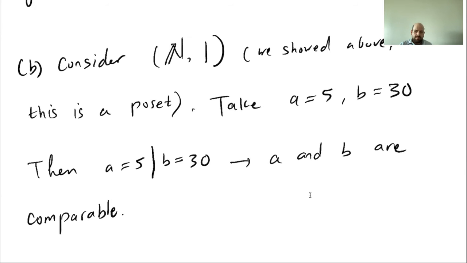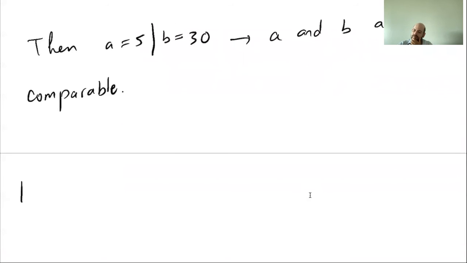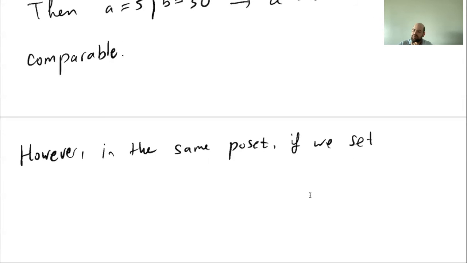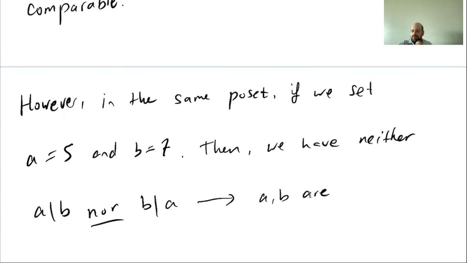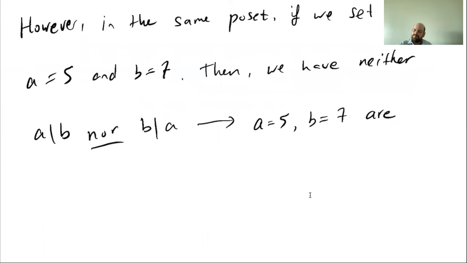The answer is yes, it is possible to have two elements A and B for which we have neither A divides B nor B divides A. However, in the same poset, if we set A equals 5 and B equals 7, for example, then we have neither A divides B nor B divides A. So that means A equals 5 and B equals 7 are incomparable in this poset.